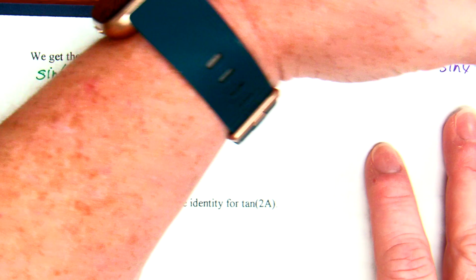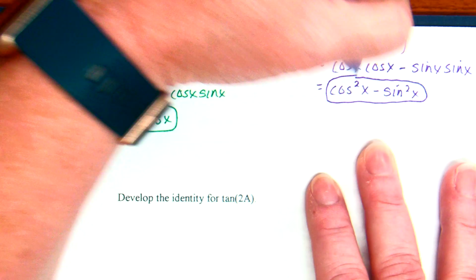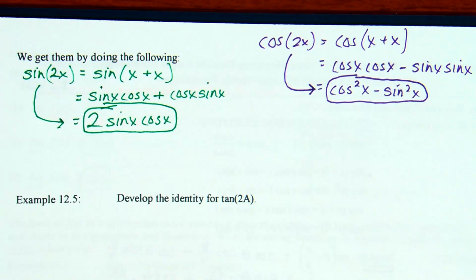Okay, so cosine squared x minus sine squared x. Hey, guess what? That's one of them, isn't it? One of our options for cosine 2x is cosine squared x minus sine squared x, which reminds you of the Pythagorean identity, but it's not. Right? Pythagorean identity, they have to be added.